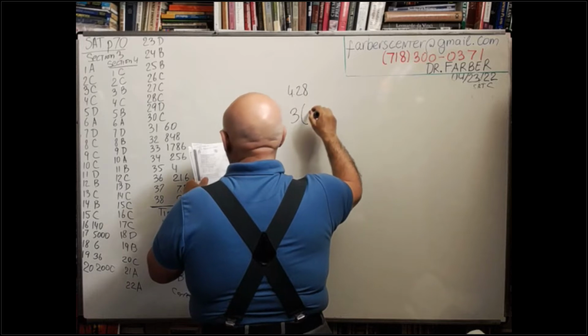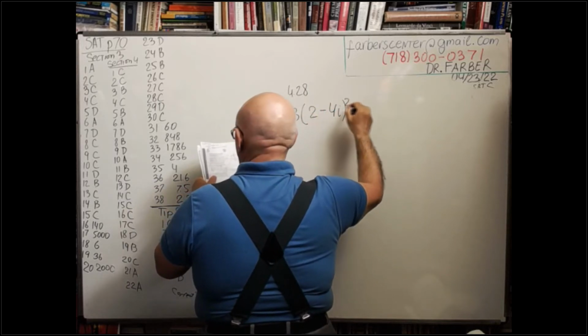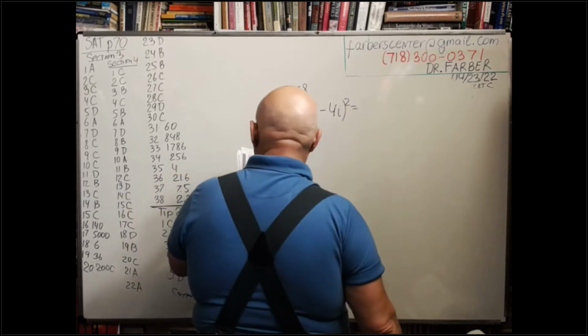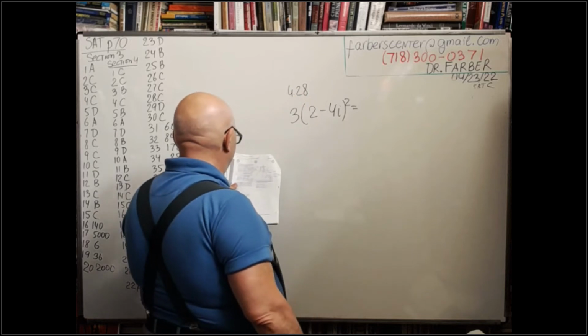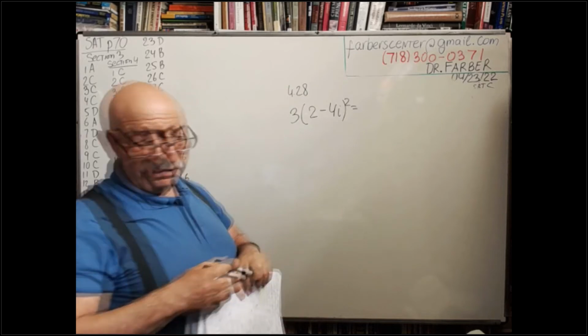3 times (2 minus 4i) to the second power. Okay. So first of all, students, how to do it in a few seconds, like 30 seconds.